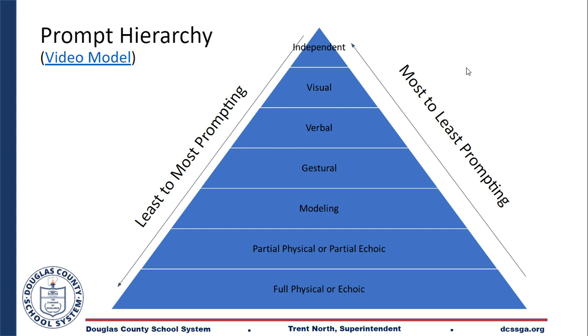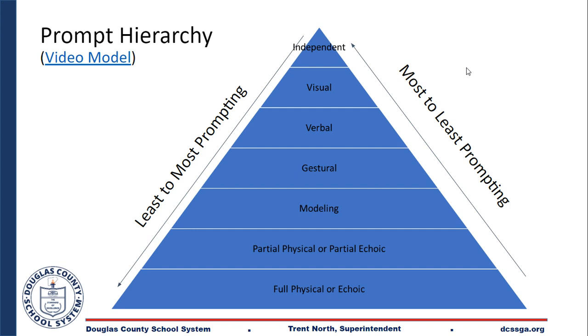And a word on prompting. Not every prompt is going to be applicable for every objective. So if you're having a student verbally say sight words, you're probably going to use echoic, partial echoic, maybe visual prompting. But you're not going to do the full physical, modeling, gestural.